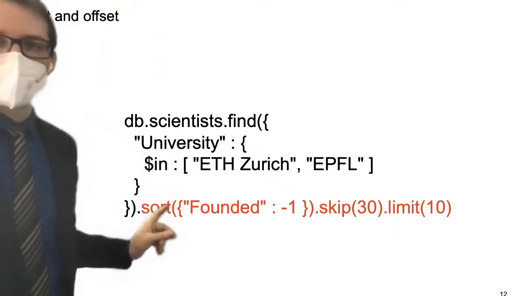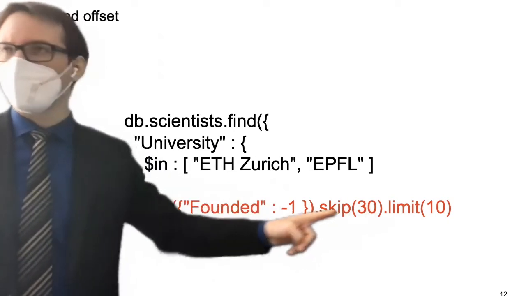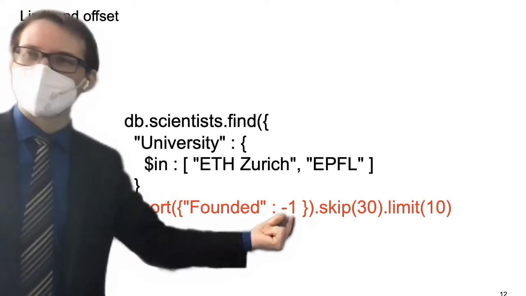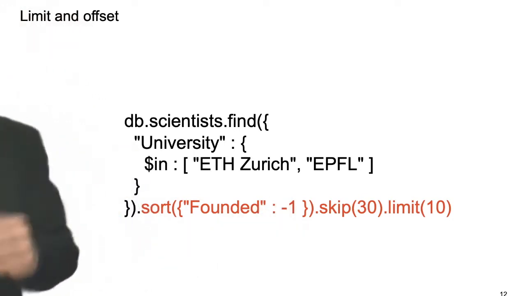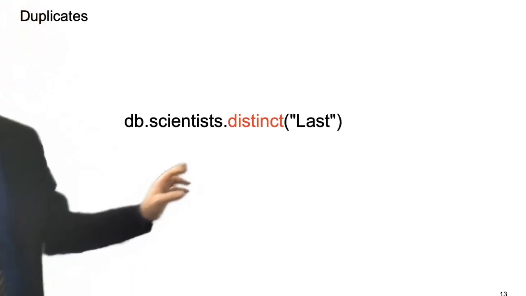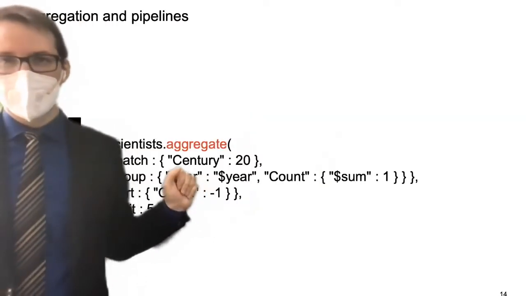Okay? So this is all the sort of things that you can do. And again, I repeat myself, that is not as easy and straightforward as SQL, because again, that's a lot of parentheses, that's a lot of arbitrary conventions like -1 for decreasing. So it's really a low-level API in JavaScript. Okay, you can also detect the distinct values of a field with distinct last.